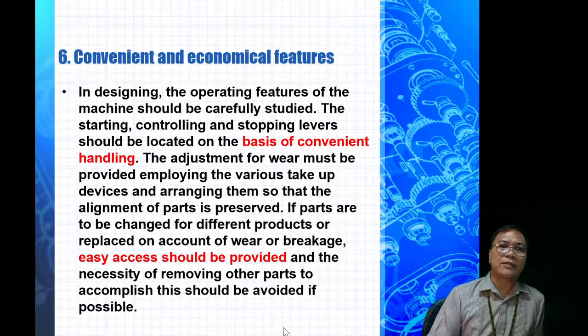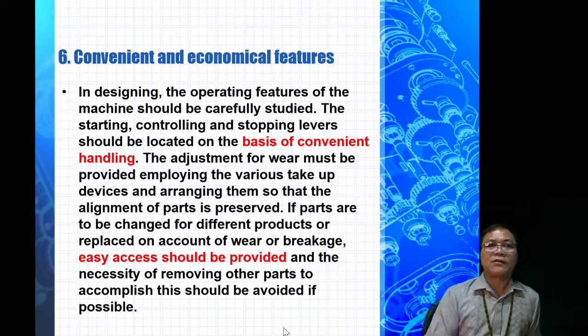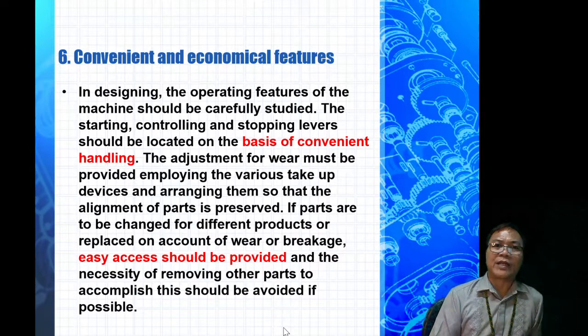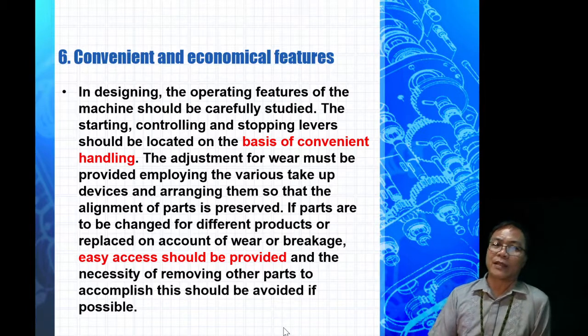Okay, number 6 is convenient and economical features. In designing, the operating features of the machine should be carefully studied. The starting, controlling, and stopping levers should be located on the basis of convenient handling.